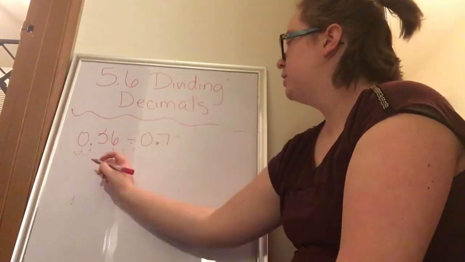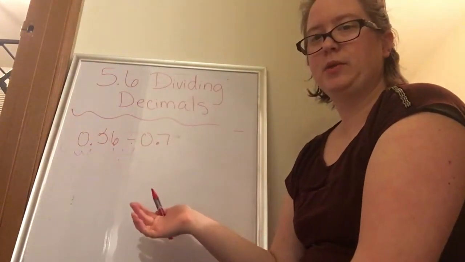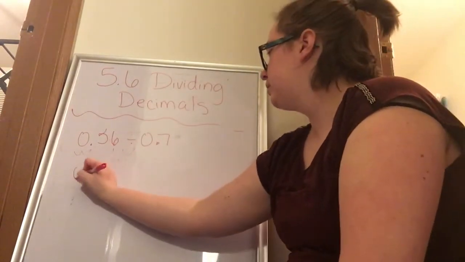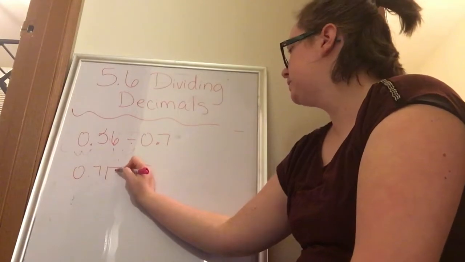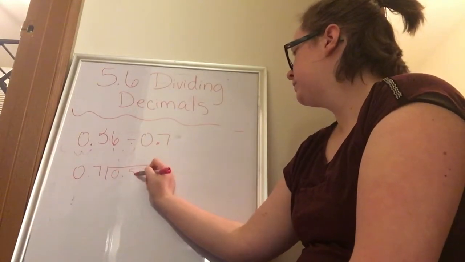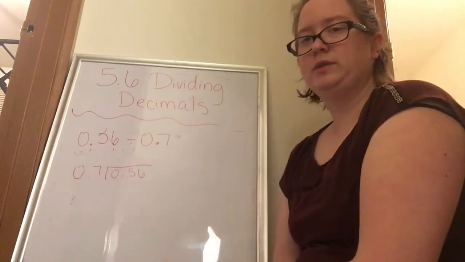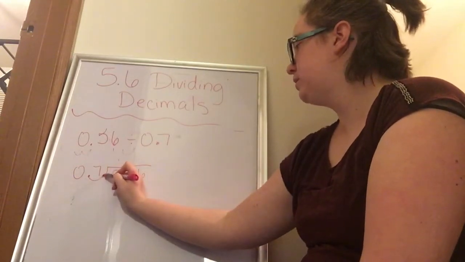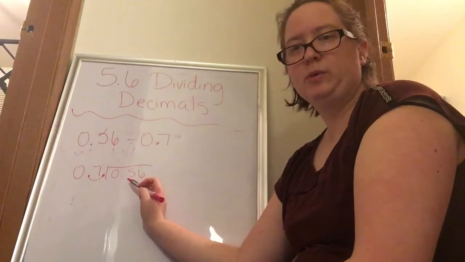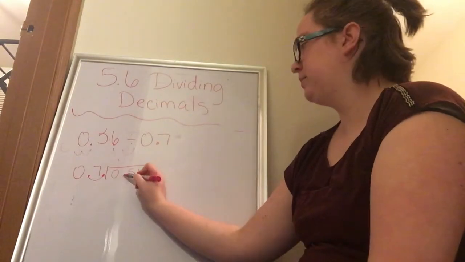Okay, so if we write this as another way to write a division problem, it would look like this. So if we want our 7 tenths to be a whole number, we have to move our decimal point one spot, which means in our dividend, we're going to move it one time.